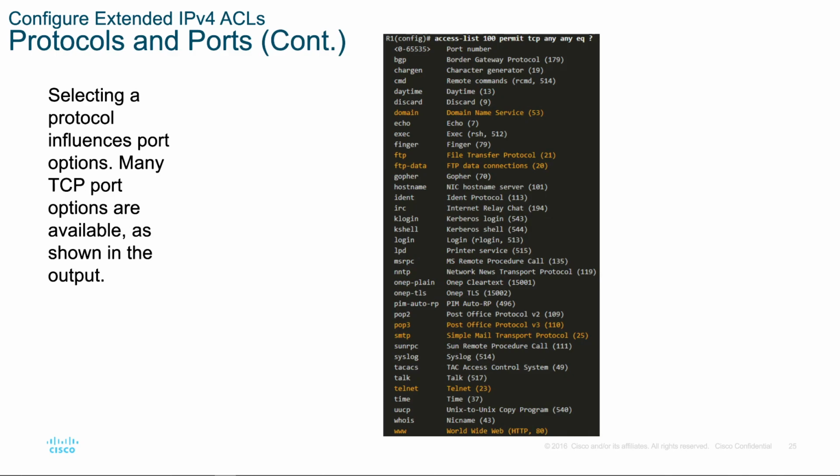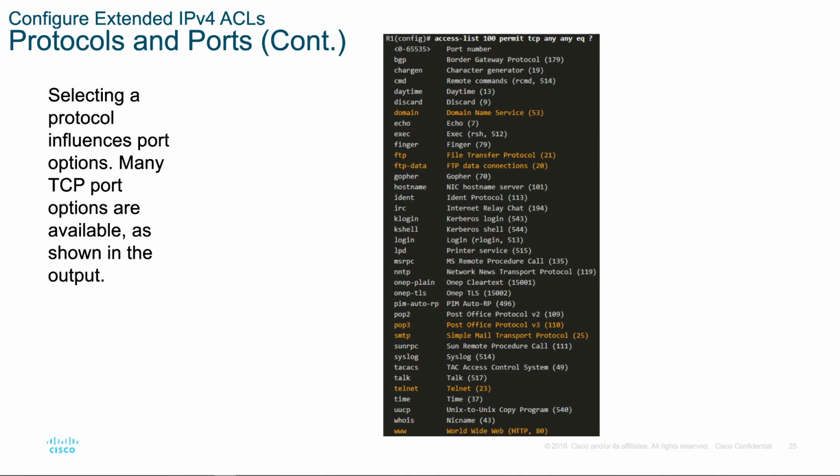Now when we get to specify the port or the applications that we wish to filter against, again we can use the dedicated port number or any of the named options there.